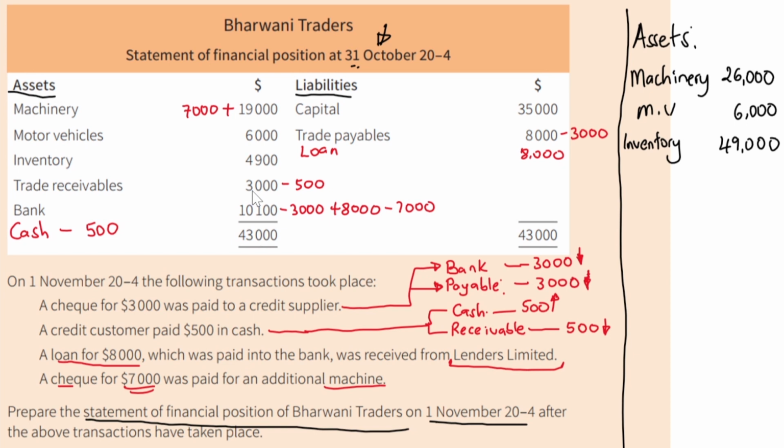Then we have the trade receivables, which is 3,000. Okay, the trade receivables is not 3,000, it's 3,000 minus 500. So 3,000 minus the 500, it is 2,500.